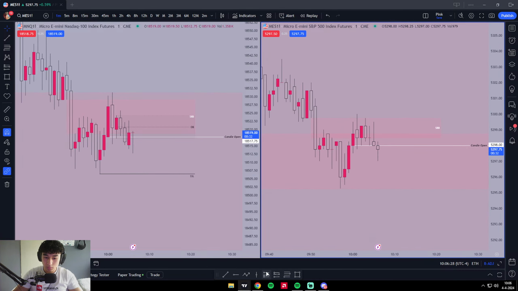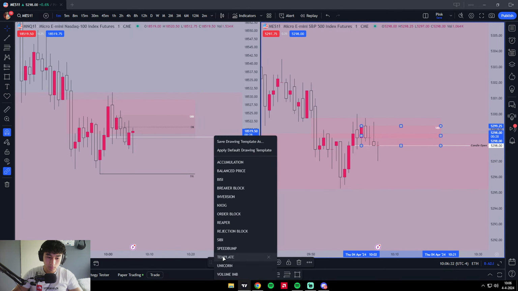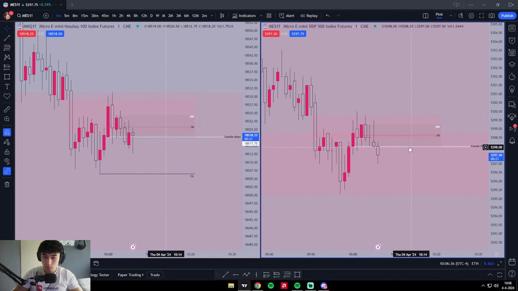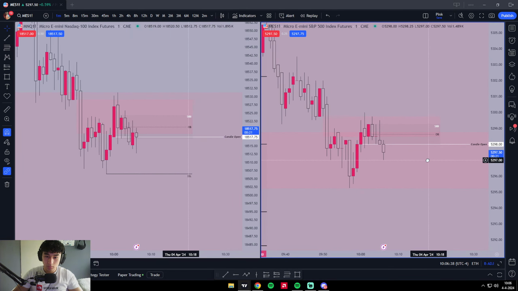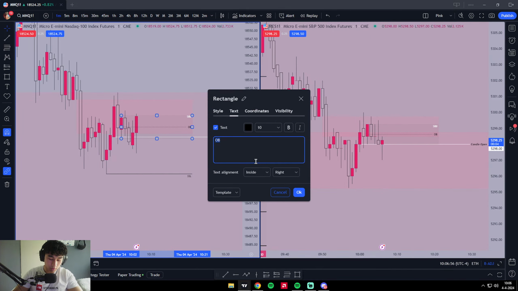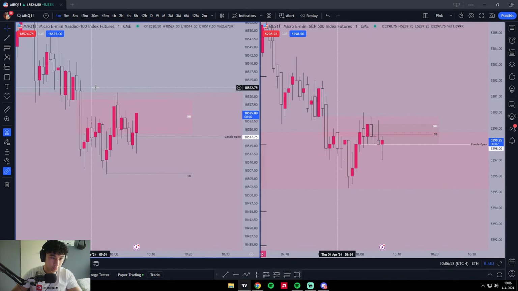Here also. Should I get a sword block? Did take it out there. So that means consolidation or go higher.